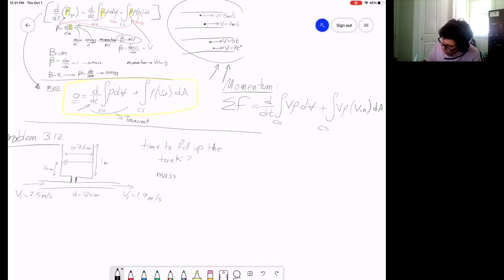So that's your momentum equation. That's your mass equation, and that's your momentum.